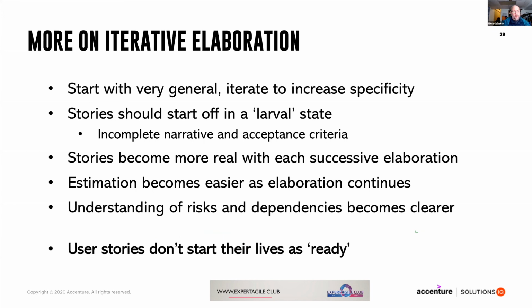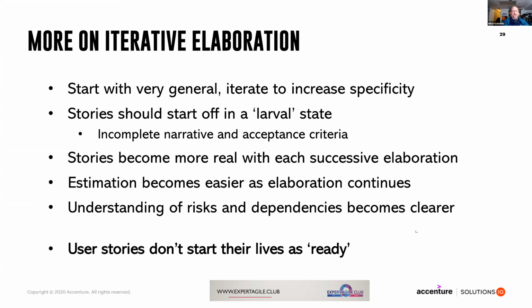So just a little bit more on iterative elaboration. Once again, we start off with very general ideas, and then we iterate to increase the specificity. We don't lock ourselves up someplace and say, okay, we're just going to work on this story and we're not leaving until we're done. The best way to do that is to start off with small stories. I call that the larval state. They may have an incomplete narrative and incomplete acceptance criteria. And then we elaborate iteratively.